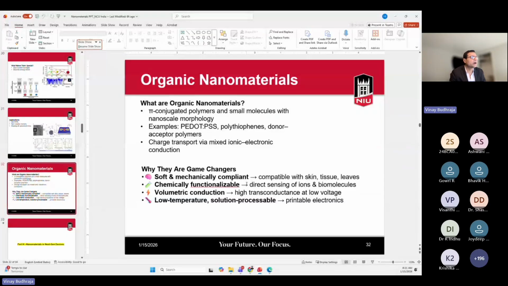With organic electronics, it is low temperature processing, and in biosensing applications they are the ideal candidate. It has weight, size, and also cost advantages.